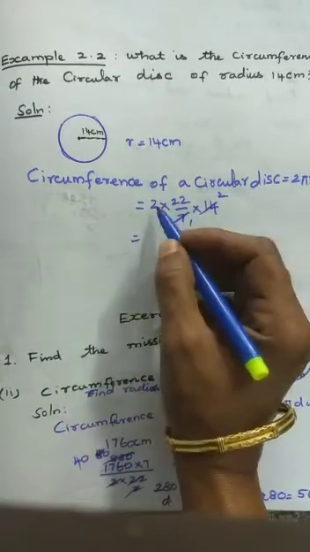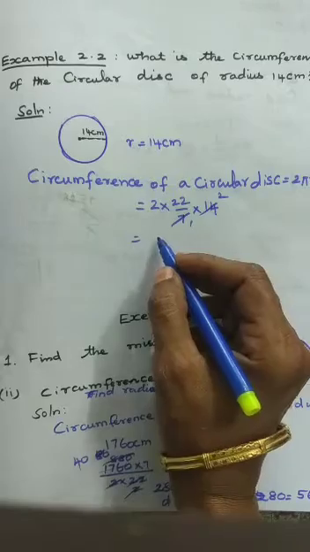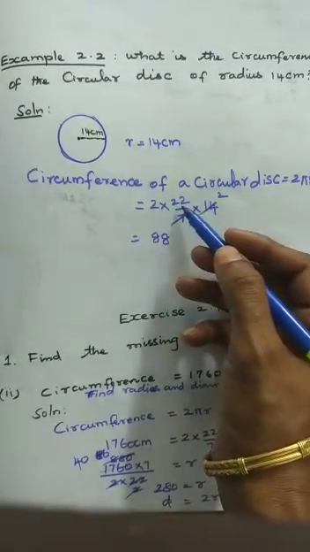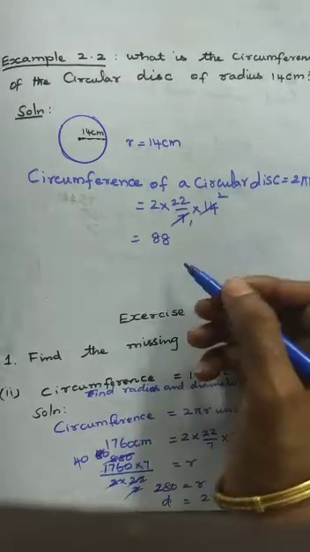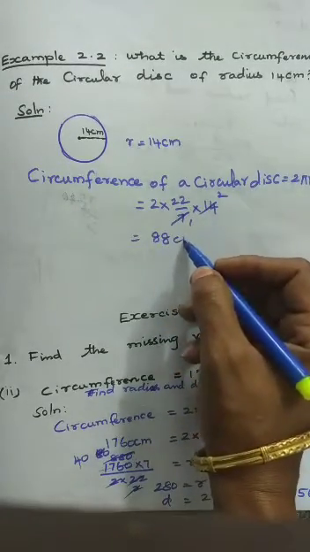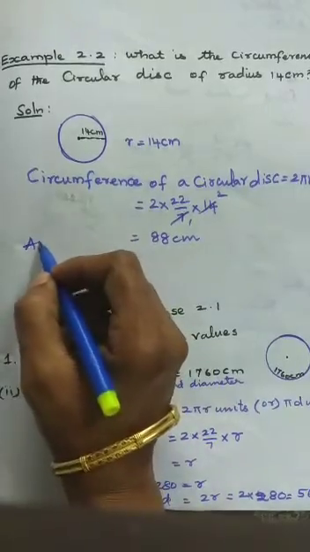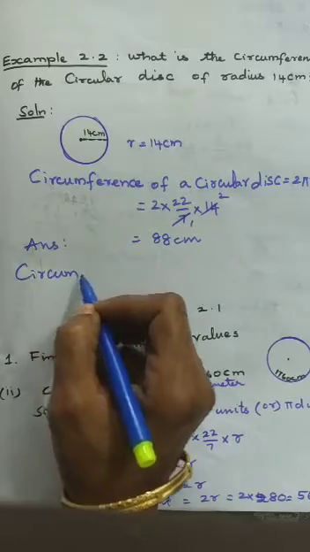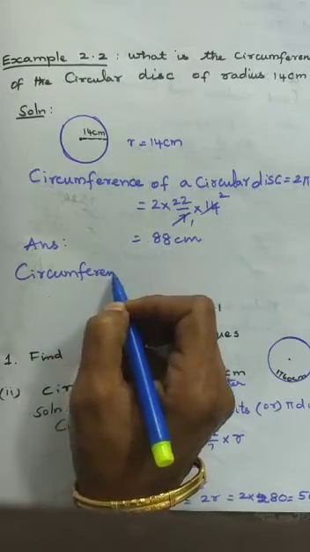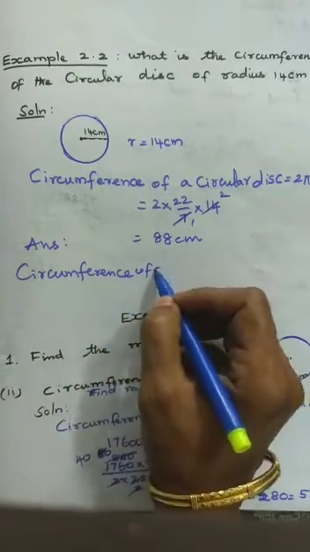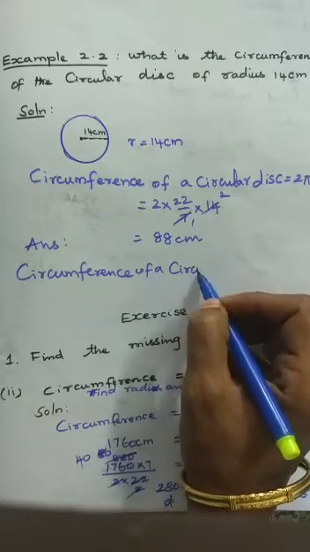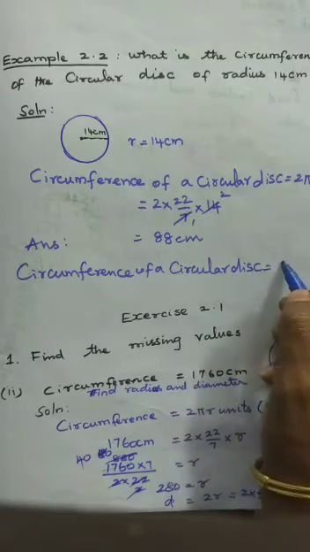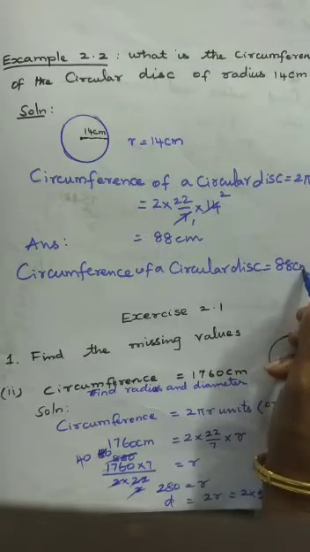Then 22 4s are 88. 44, 44 2s are 88 centimeter. And the answer: circumference of a circular disc is equal to 88 centimeter.